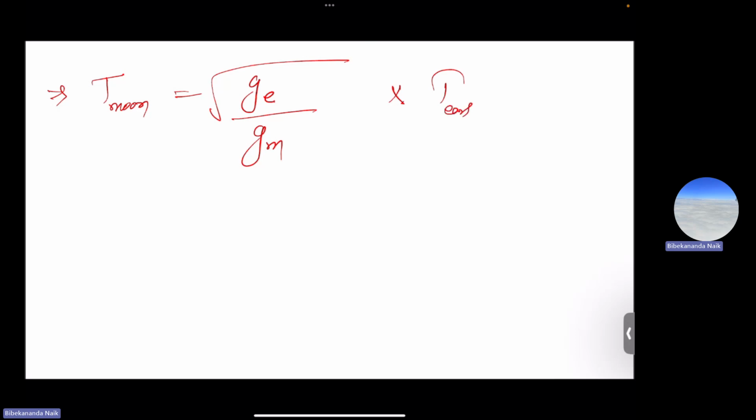So T moon will be root over of g earth by g moon into T earth. So T earth is 2 into root over of 9.8 on earth and 1.7 on moon. What is the root of 9.8 by 1.7?